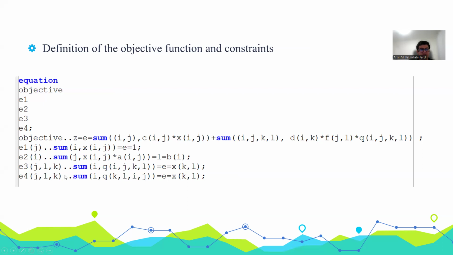And these are the two new constraints, as we have in the optimization model, which show the link between this new variable and the assignment variable.